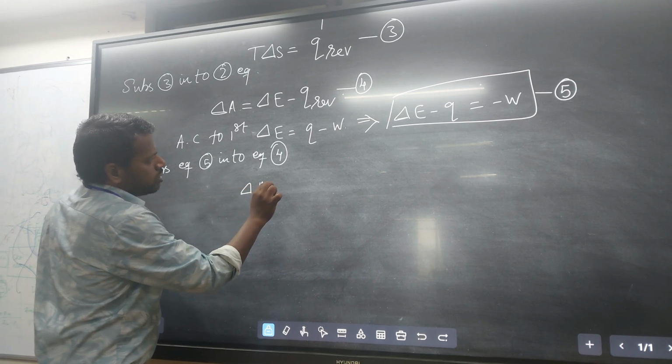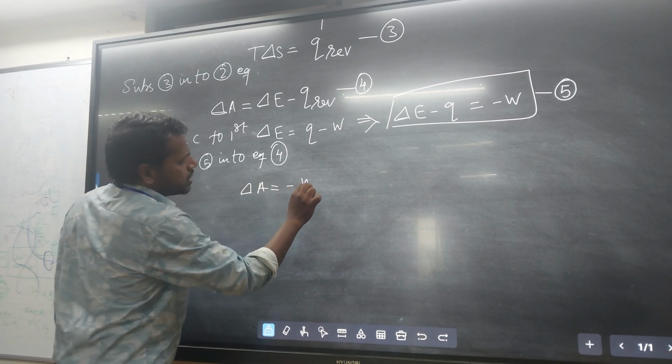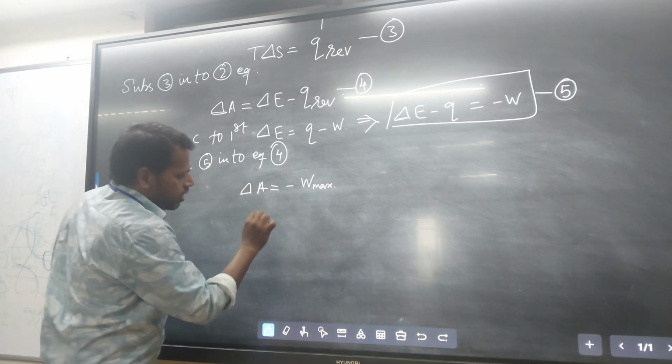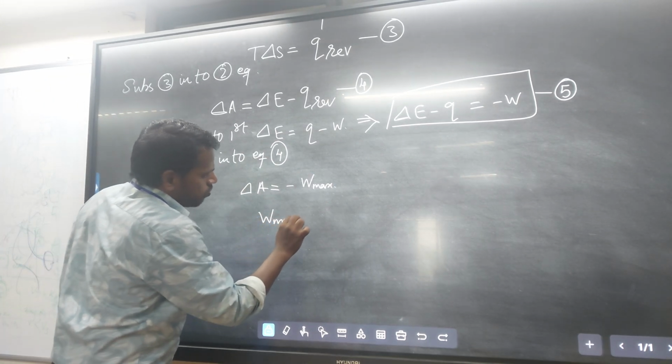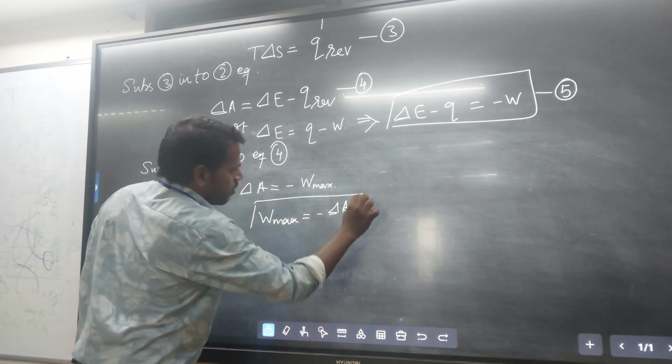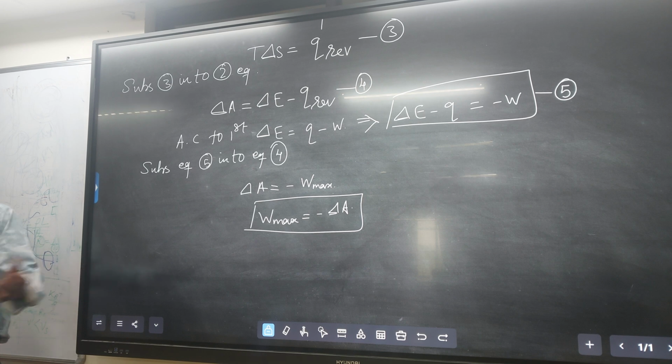Delta A equals minus W max. Otherwise, W max equals minus delta A. Right? W max equals minus delta A.